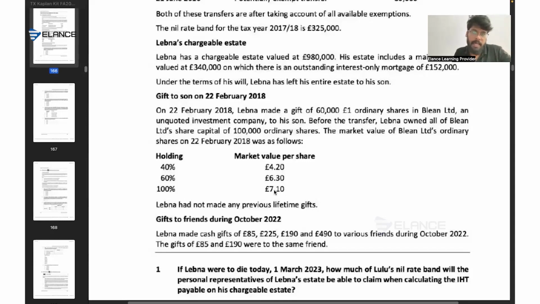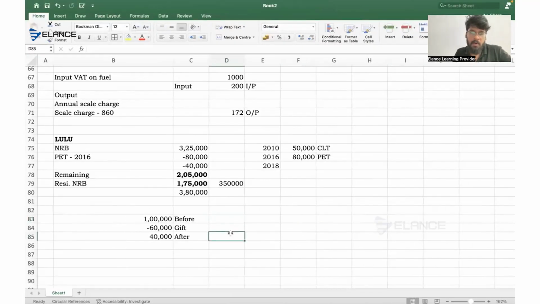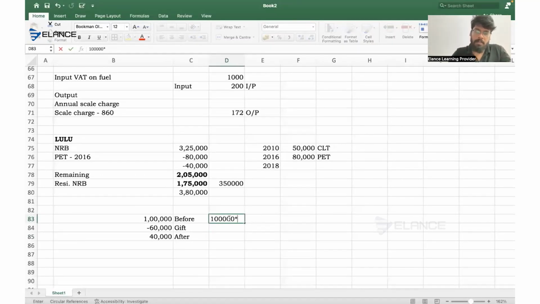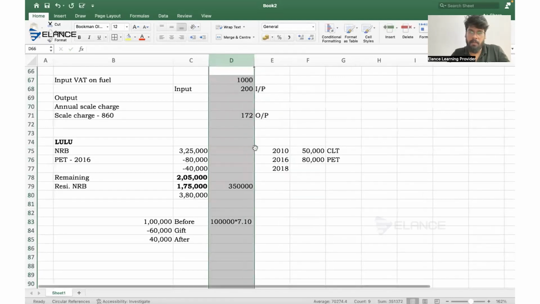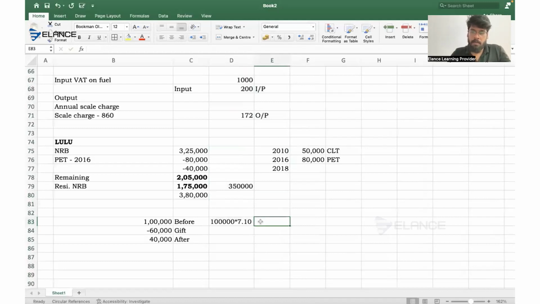So before transferring the shares, he's holding 100,000 shares, and each share has a market value of 7.10. So before making the transfer, the shares' value is 710,000.